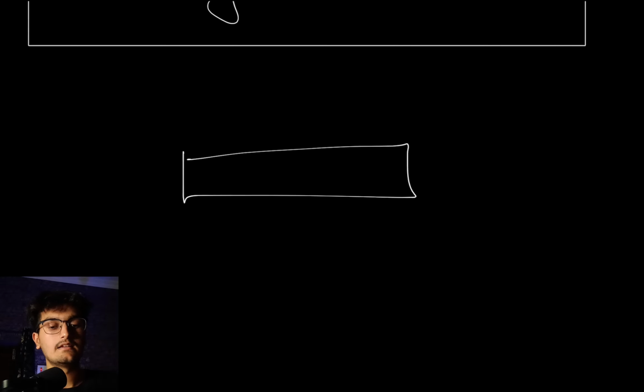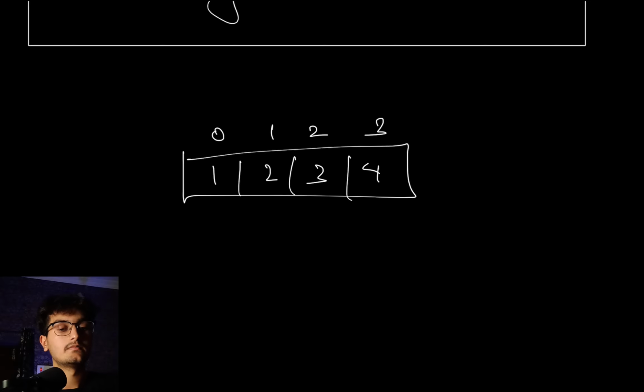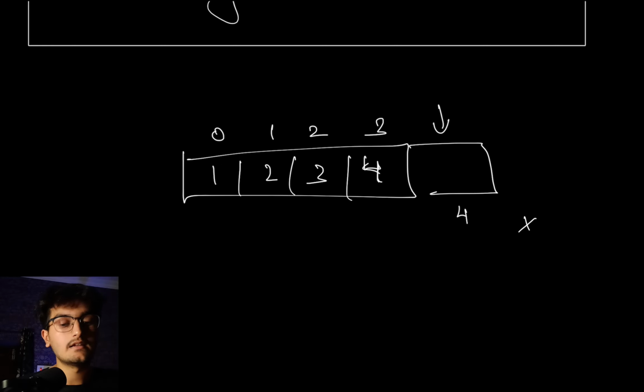See, if we are given a task that says consider an array of size 4 and insert 1, 2, 3, 4, and now insert another element on the 4th index, which is technically not possible, how will we achieve it?